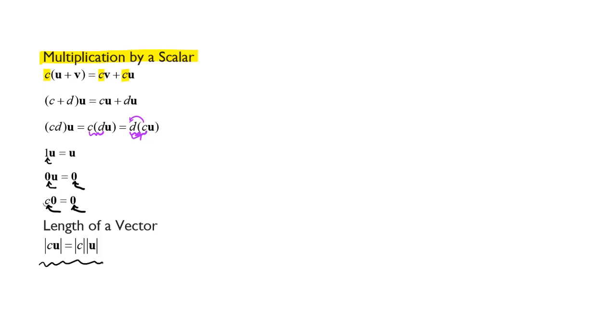Also, just a note here, if you want to find the length of a vector, if you look at the magnitude of C times a vector, where C is a scalar, then you will get the same thing as if you find the magnitude of C multiplied to the magnitude of the vector u.